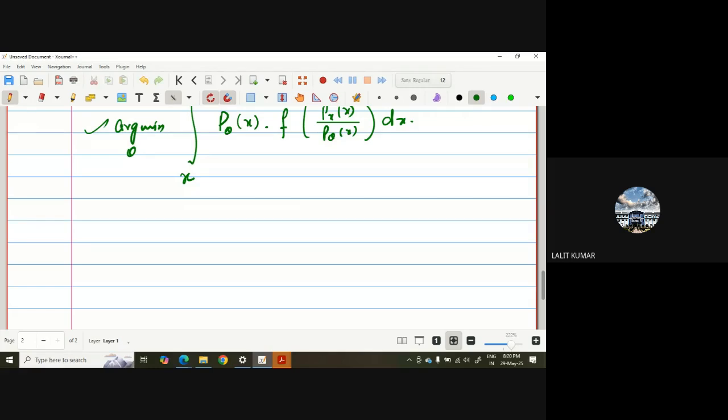In statistics, we know that if we have one function and one distribution, then we can find the integral.